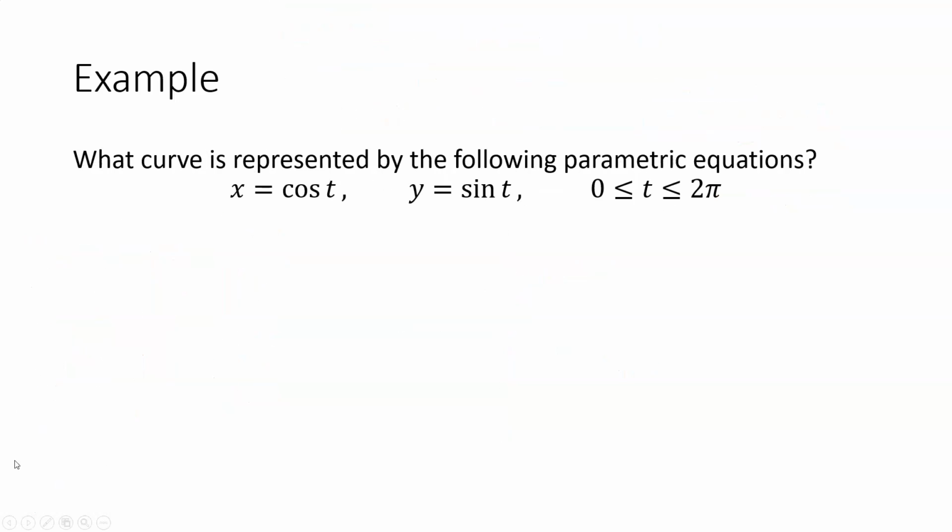What about a curve where we have x equals cosine t, y equals sine t, where t goes from 0 to 2 pi? Well, we can remember that this is essentially going to trace out the points on our unit circle. We know when t is 0, the starting point would be 1, 0.